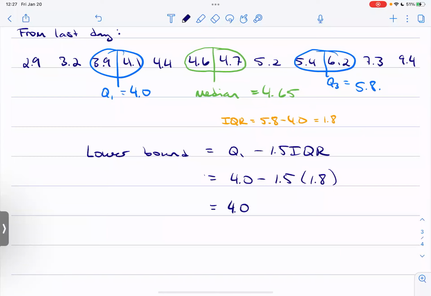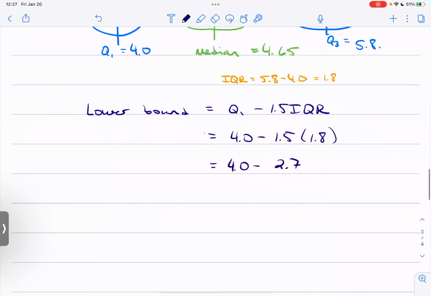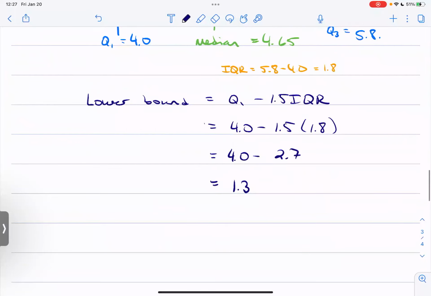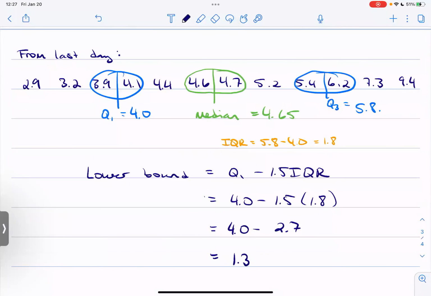So I get 4.0 minus 2.7, and 4 minus 2.7 is 1.3. So what I do now is I draw a line at 1.3. So luckily I have my data sorted, right?